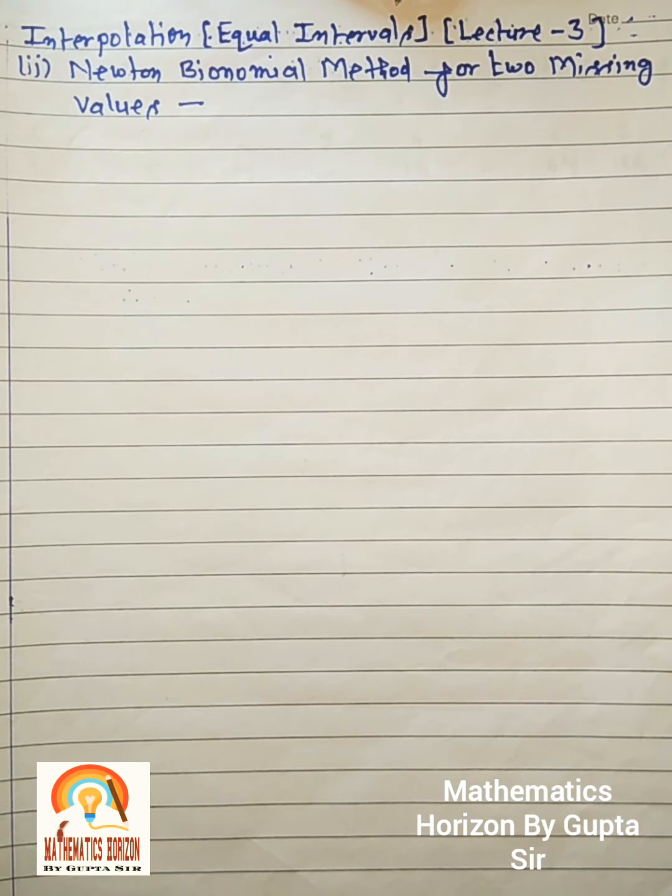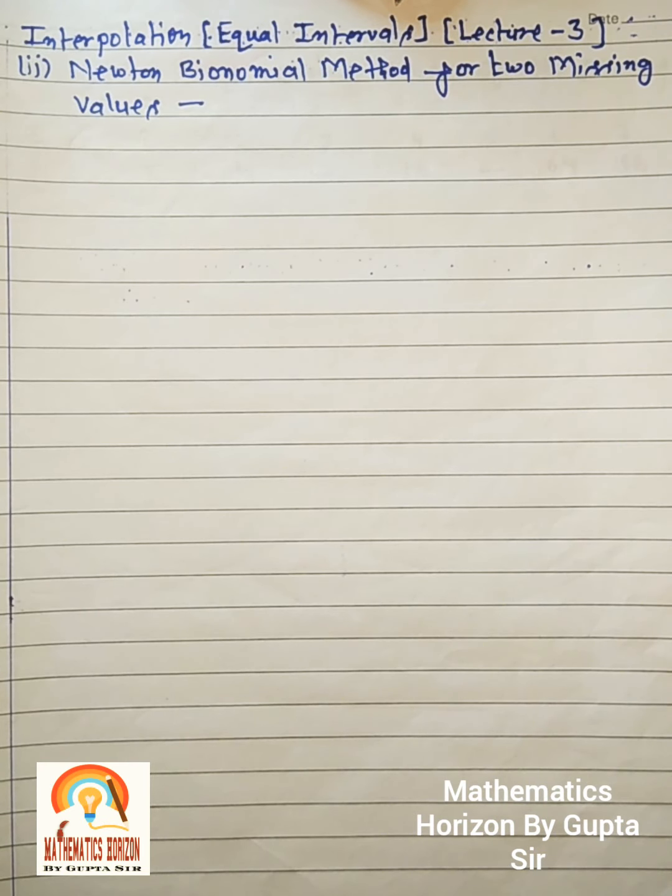In this lecture we will cover the topic interpolation for equal intervals, in which today we will discuss the method Newton's binomial method for two missing values.